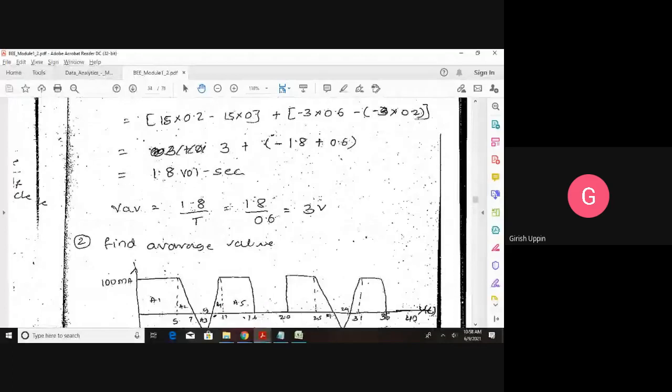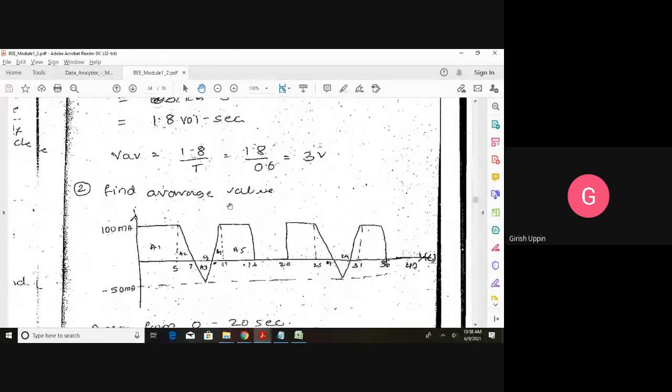Next waveform, can you try to find the average value for this? First of all, let us consider what the one cycle is. This is representative of the current.